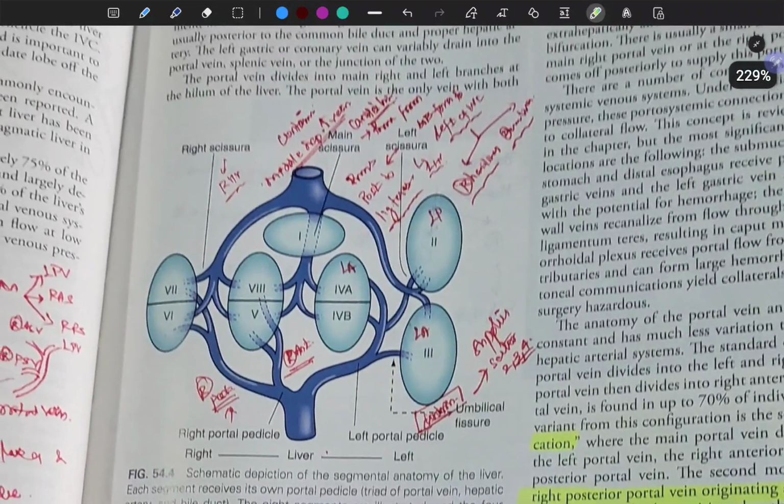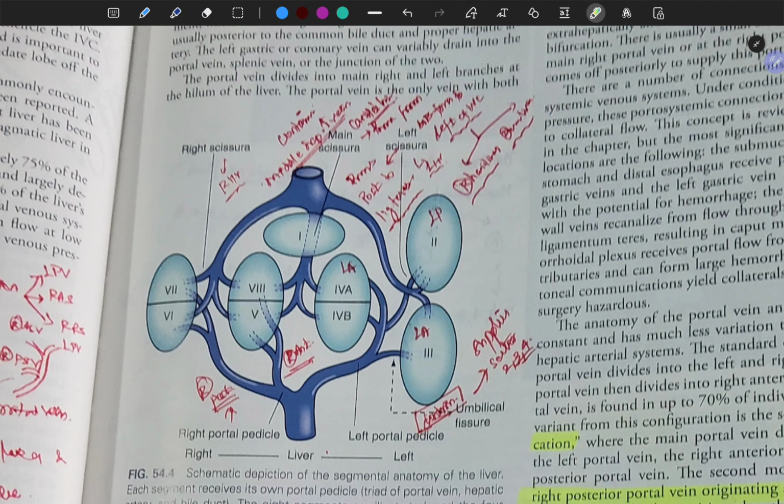Here the portal vein divides into right and left portal pedicle. The left branch of the left portal pedicle goes in the umbilical fissure and joins with the ligamentum teres.